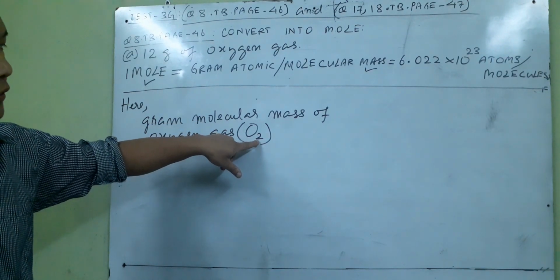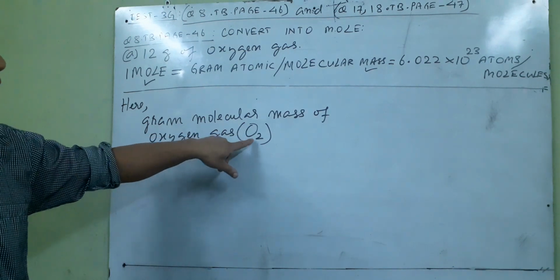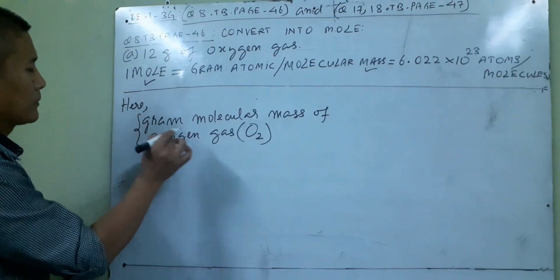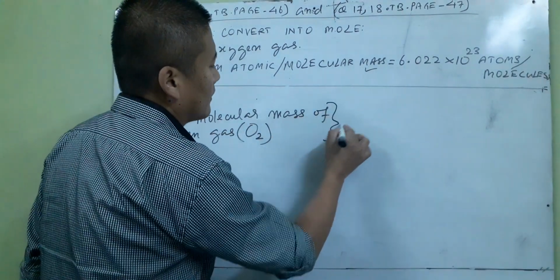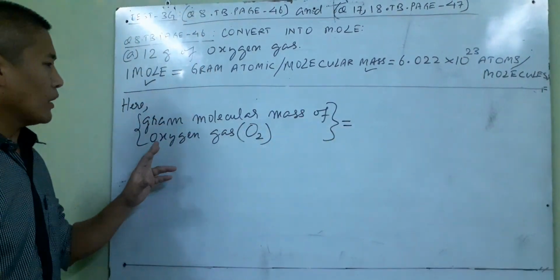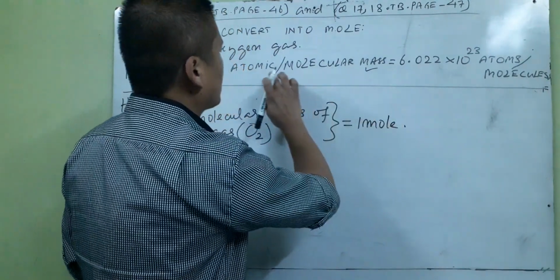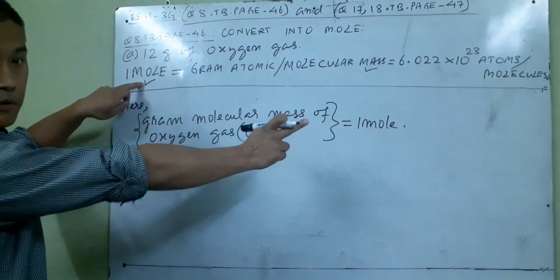Here you see 2 oxygen atoms making the gas, so it's a molecule. So gram molecular mass of oxygen gas is equal to 1 mole, because the formula tells us that gram mass is always equal to 1 mole.